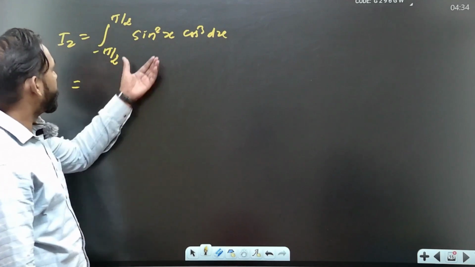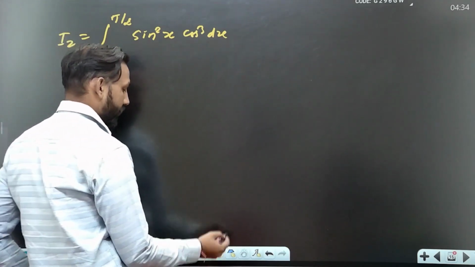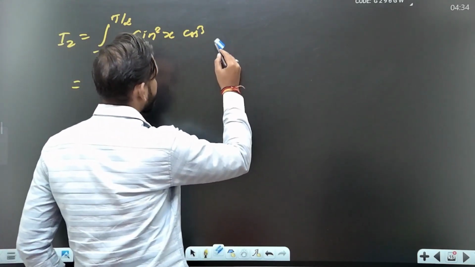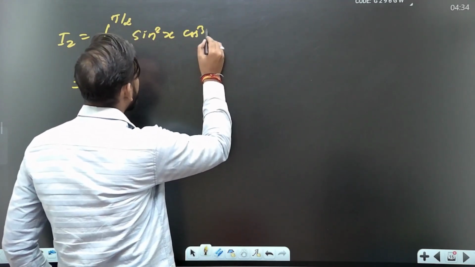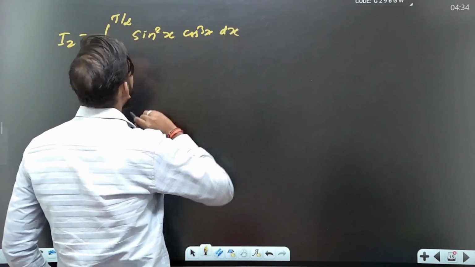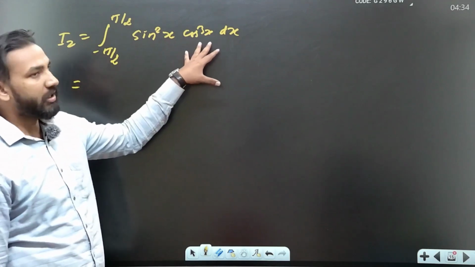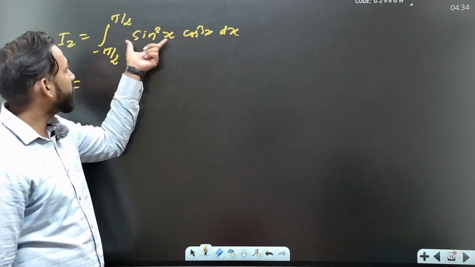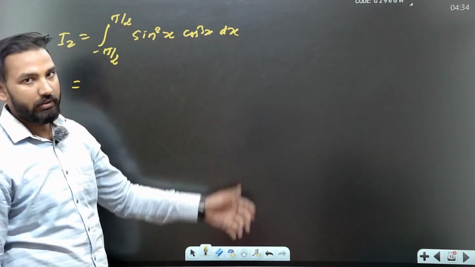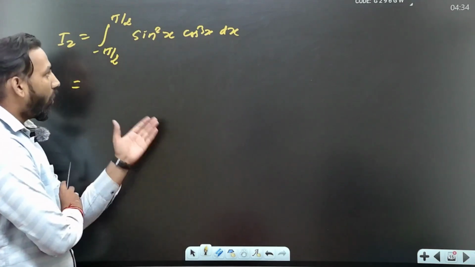We'll have the even function, right? Even function here. We have even function because cos function is already even function and sine function is odd function, but there is a square of sine function, then this will be also an even function.